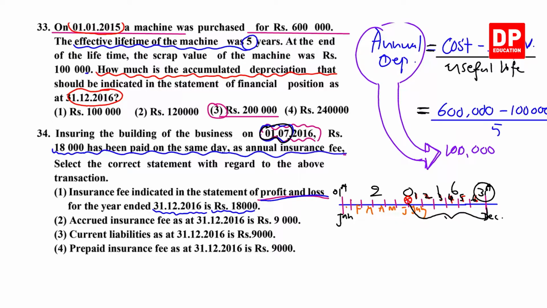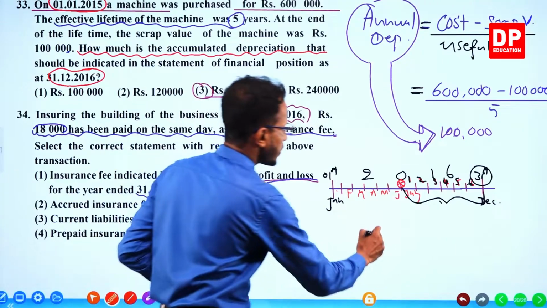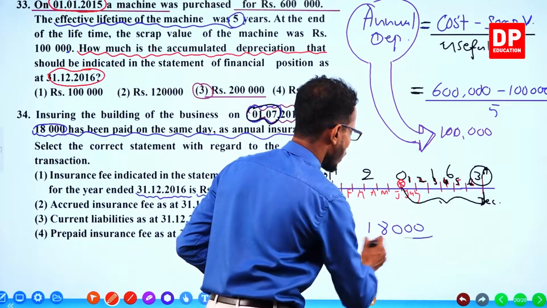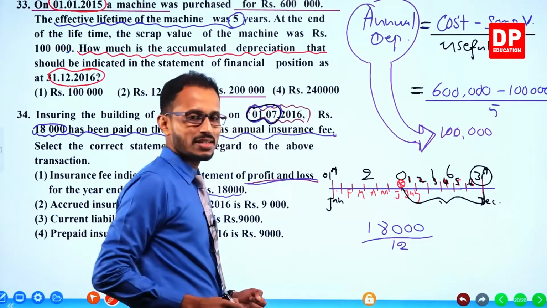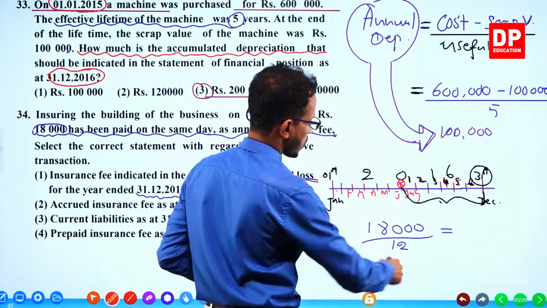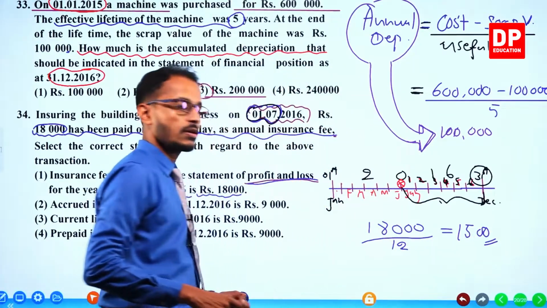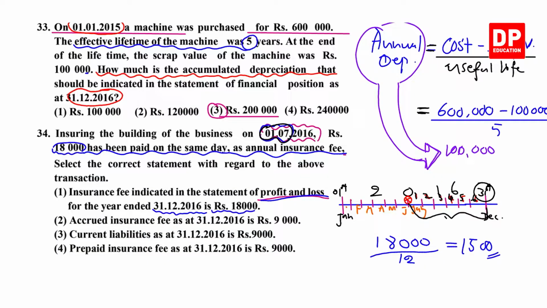So this 18,000 is for the whole year. 18,000 divided by 12 means it's 1,500, right? 1,500 for 1 month.